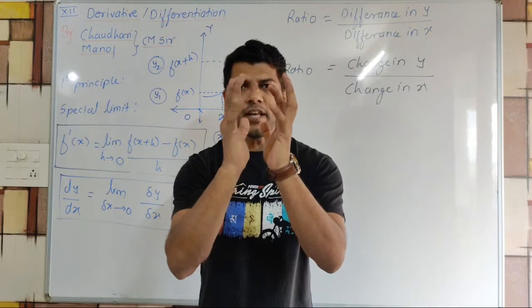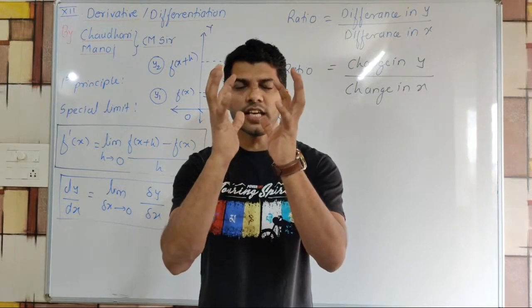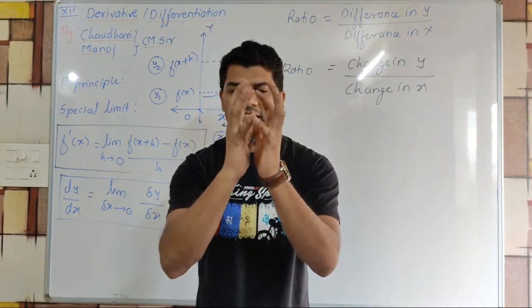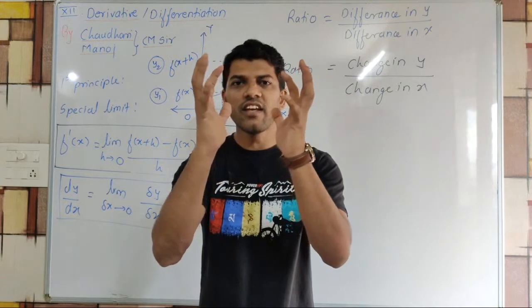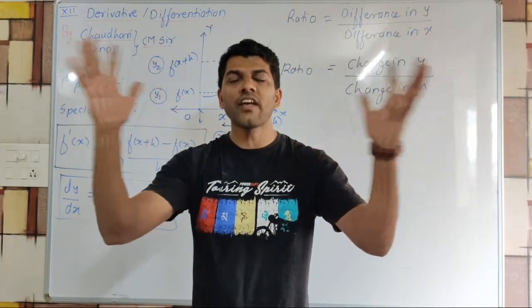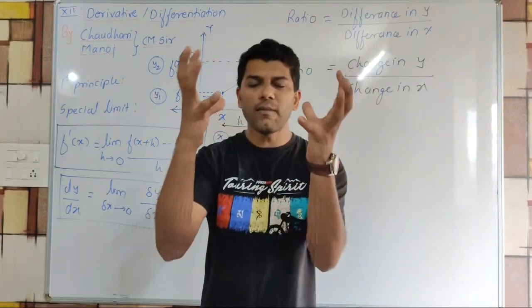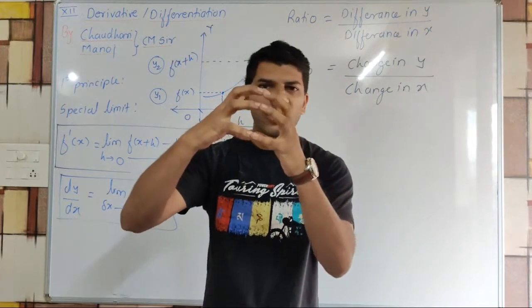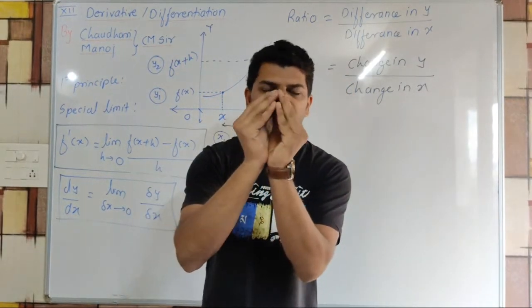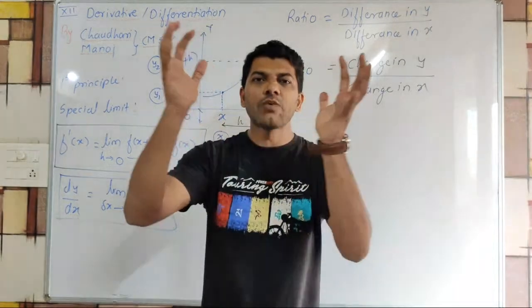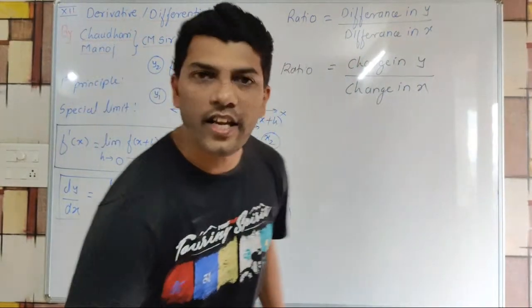Because of this inflation, its radius is increasing and its volume is increasing. Assuming the balloon is a sphere, imagine its radius is increasing, its volume is also increasing.